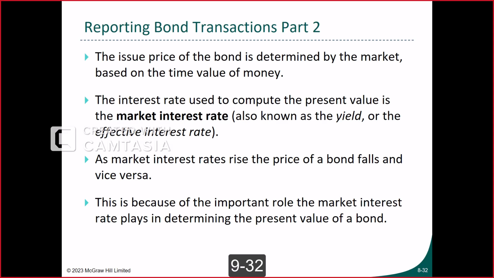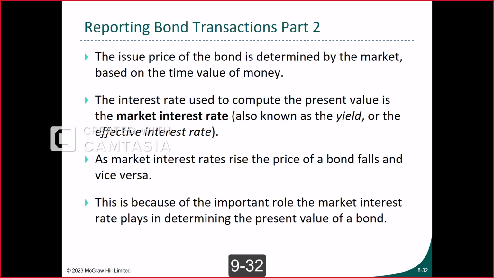However, the interest expense should be accounted for using not the coupon rate, but using the yield rate or the market rate or the effective rate. Yield rate and market rate are synonymous, they have the same meaning from an accounting perspective. The interest rate used to compute the present value is the market interest rate, which is also called the yield rate or the effective interest rate.